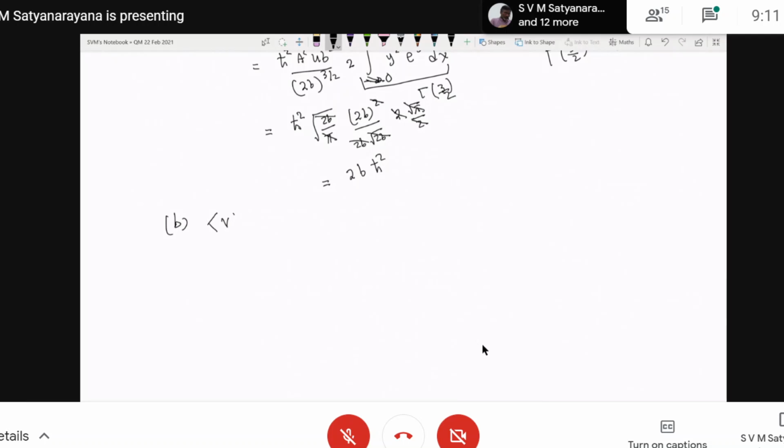So this will cancel, and this a square is root 2b by pi into m omega square by 2 into 1 by 2b root 2b root 5. This will cancel, and root 2b will cancel, and I will have m omega square divided by 4.